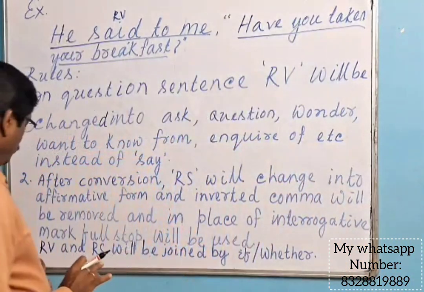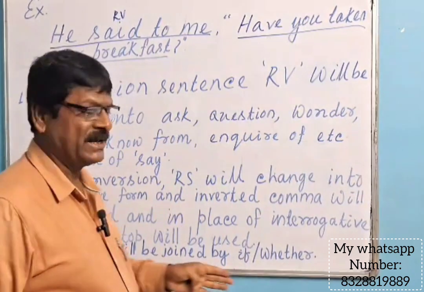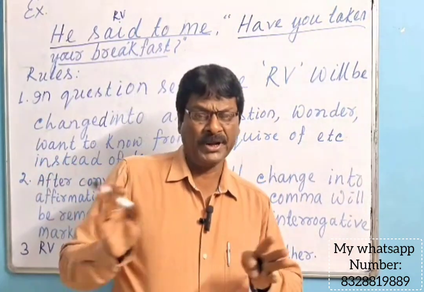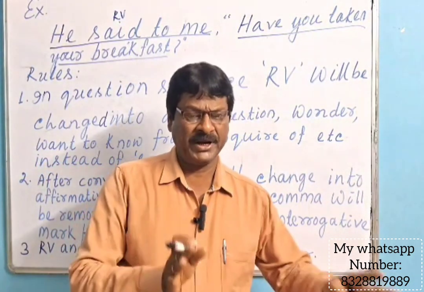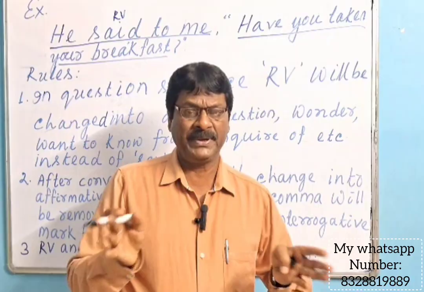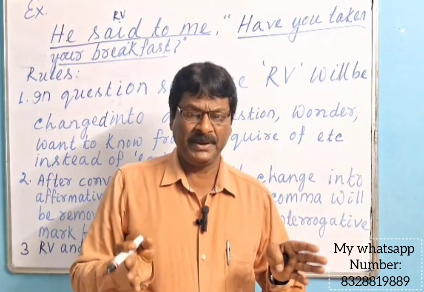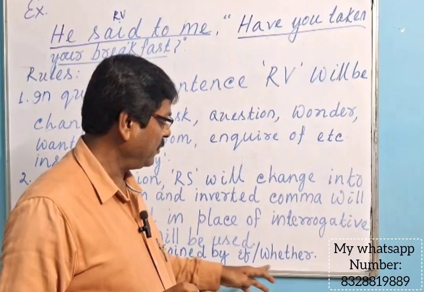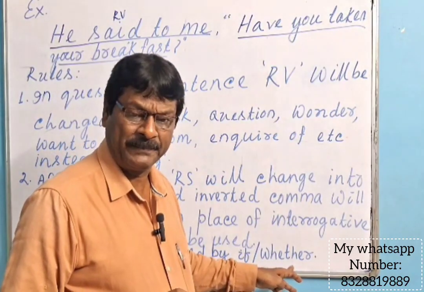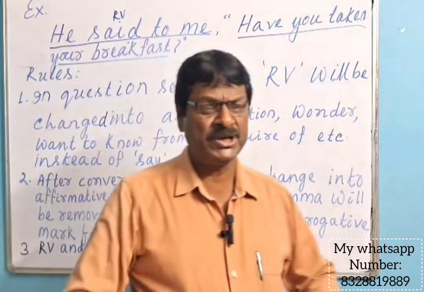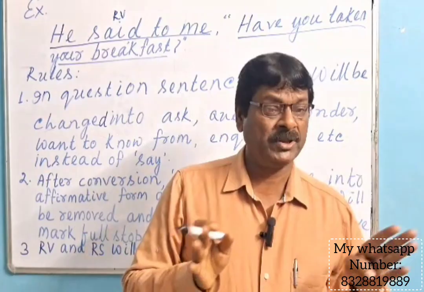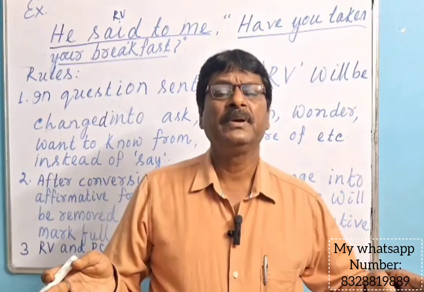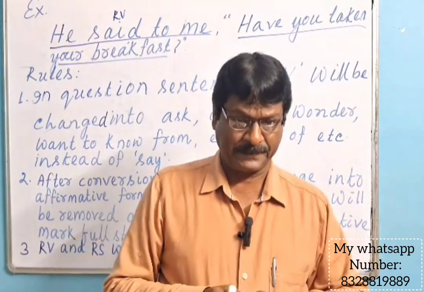The third rule is that RV and RS, meaning the reporting verb part and the reported speech part, will be connected or joined with the help of the conjunction if or whether. Right? If will be used in every case, but whether will be used if there is a choice.